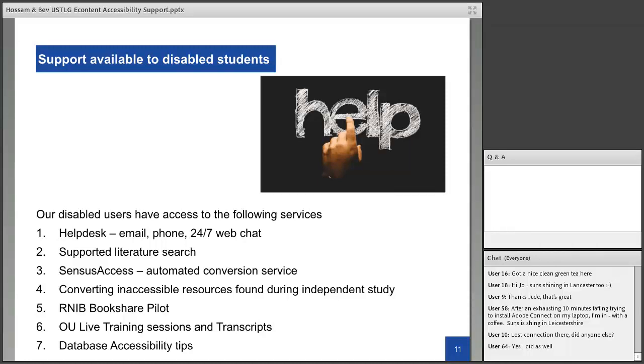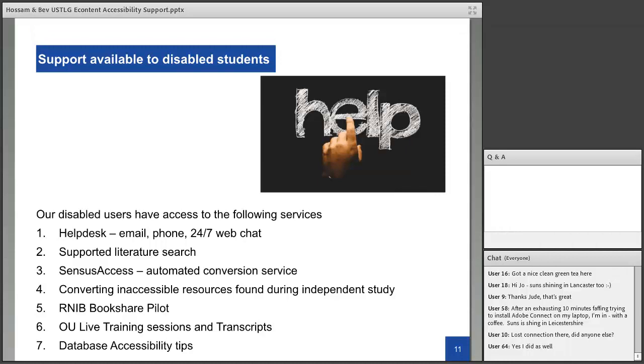There is the help desk, where most of our help desk staff have been shown how to use NVDA. So at least when they are dealing with someone who has a disability, like a visual impairment, or someone who prefers to use a screen reader, they would be able to have the same experience as the students and be able to advise them correctly where to go on a database.